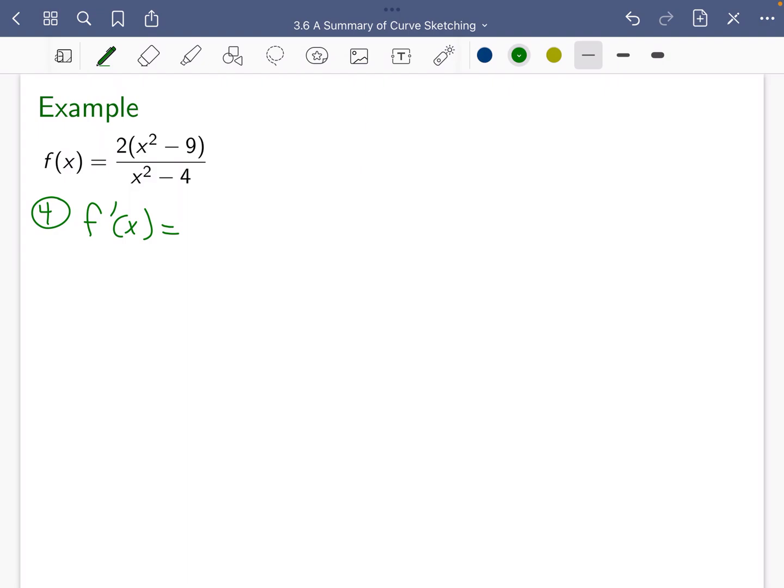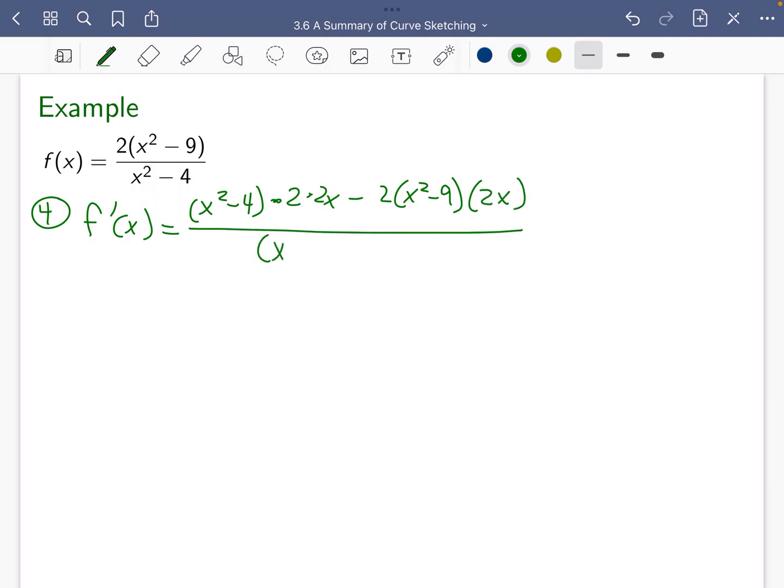So we have low d high. The derivative of the top is going to be 2 times 2x, minus high d low, square the bottom, and away we go.